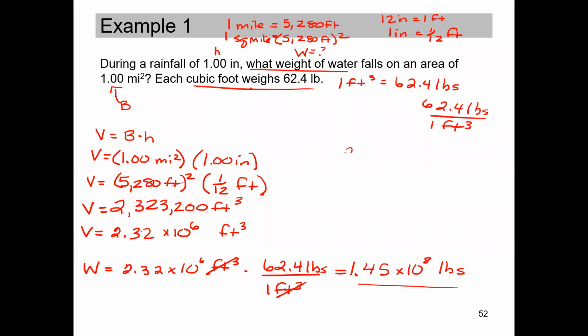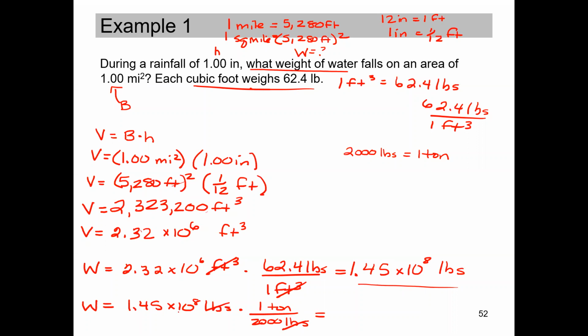Yes, 2,000 pounds equals 1 ton. So if I want to use that for my weight, so I have the 1.45 times 10 to the 8th pounds. I can multiply that by the conversion factor of 1 ton to 2,000 pounds.